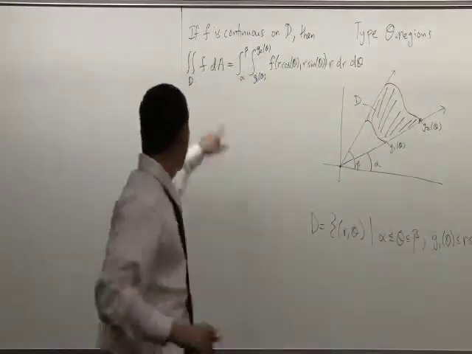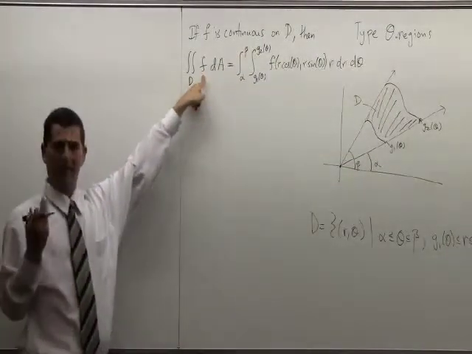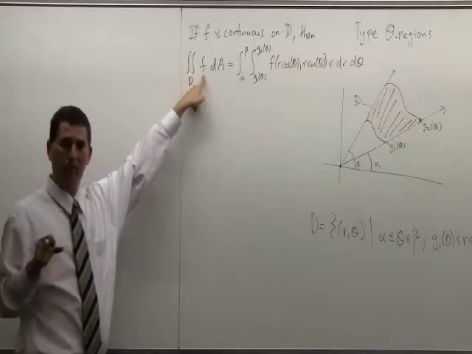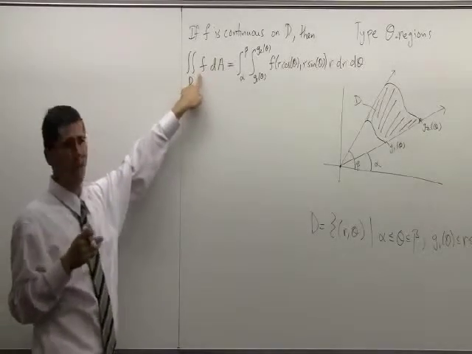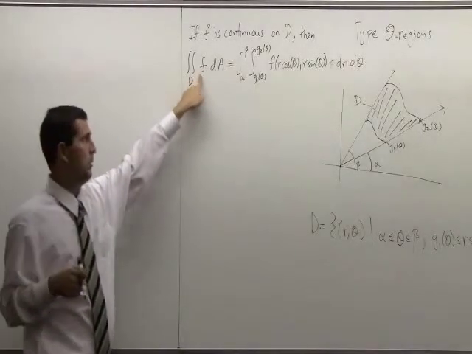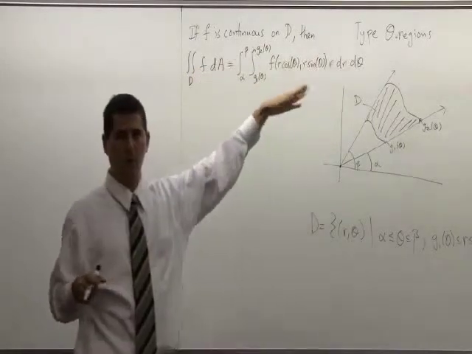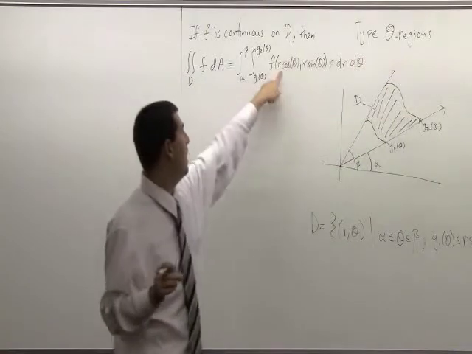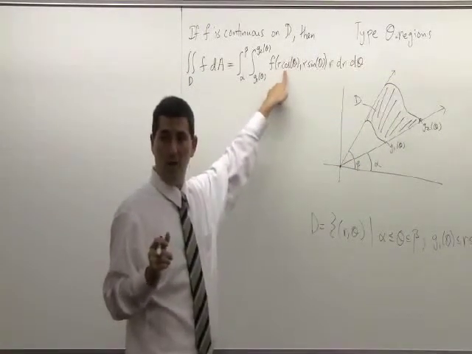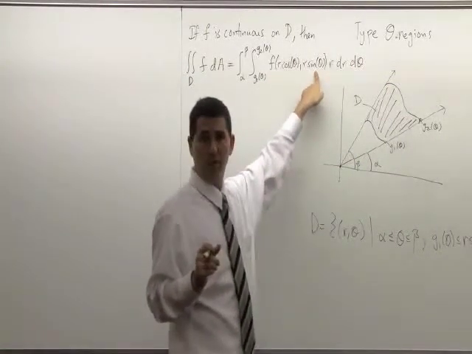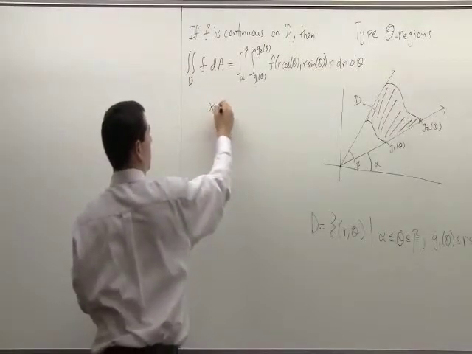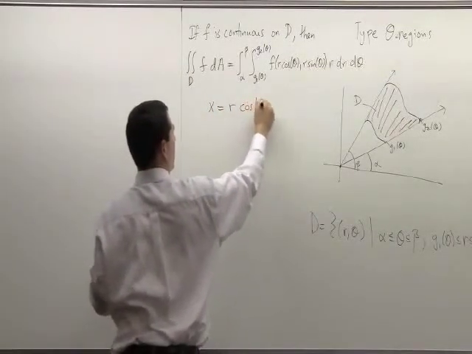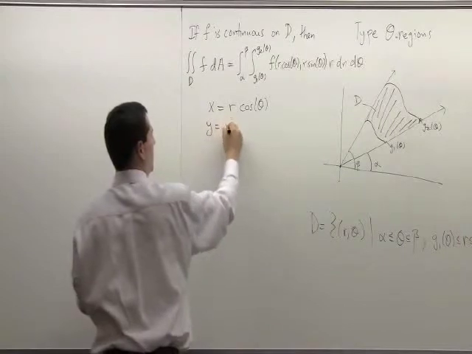Now I want you to remember, when I write the f over here without anything, I mean f of x comma y, for instance. This could be in rectangular coordinates. But we're changing to polar coordinates, and remember, when you change from rectangular to polar coordinates, x is r cosine theta, and y is r sine theta. So I'll just write that for you, so you remember it.